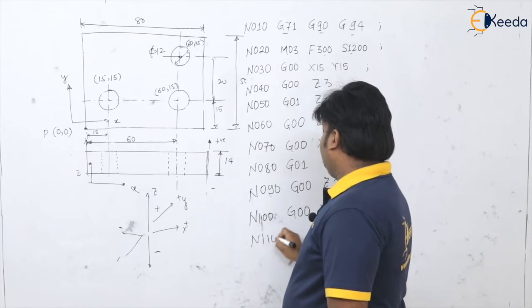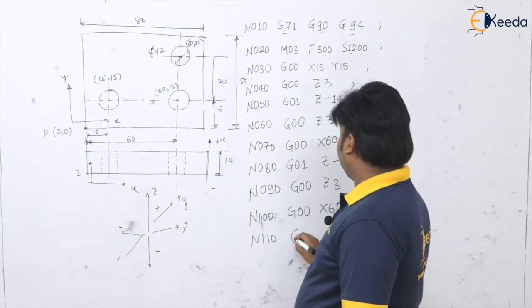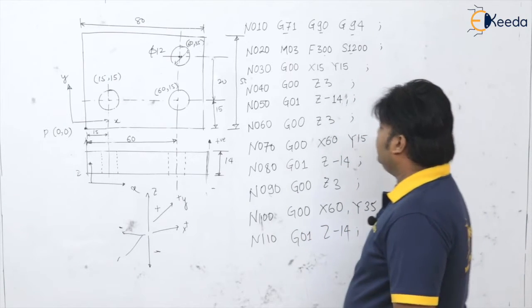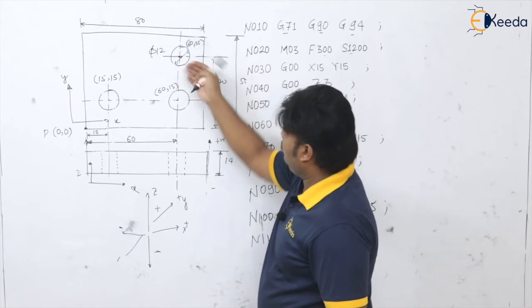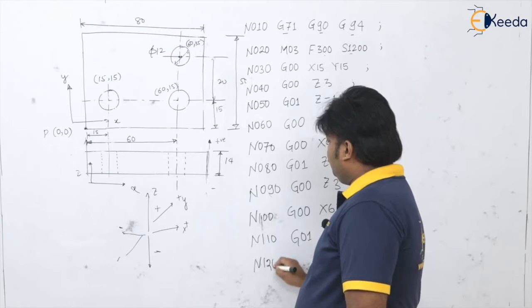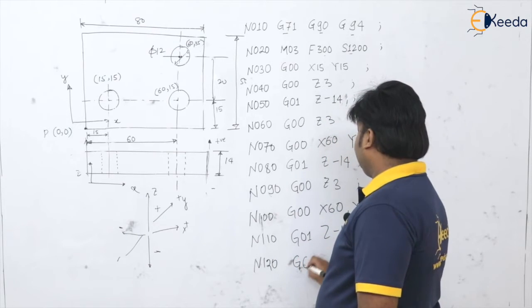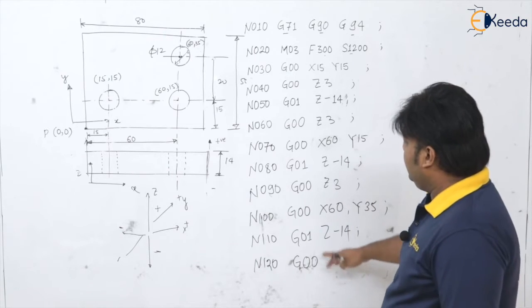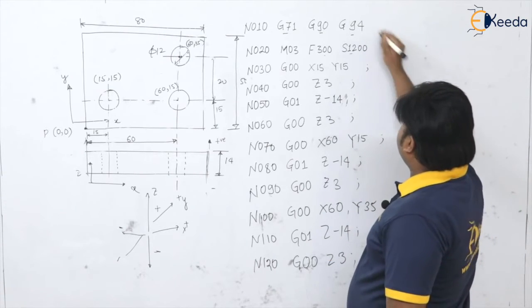Block number N110, go for the drilling, that is Z minus 14. After drilling the hole come up to Z equal to 3 millimeter, that is N120, G00, Z3.